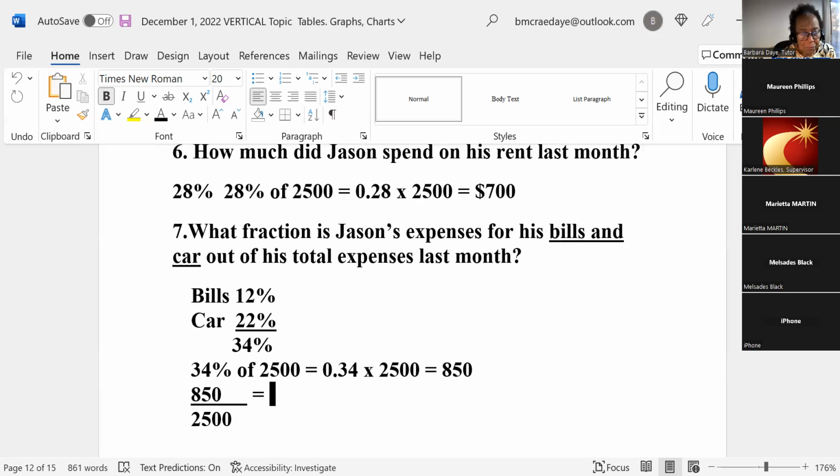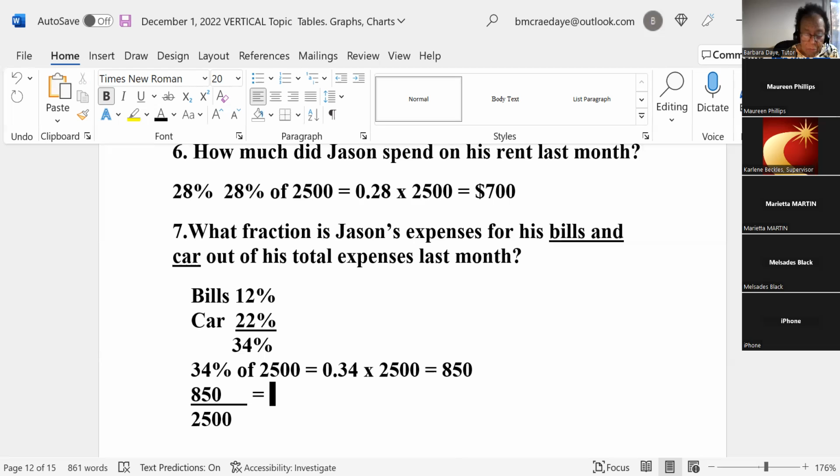I get 2.94. No. 850 divided by 2,500. Not the other way. You're doing 2,500 over 850. 850 divided by 2,500. What do you get? 0.34.